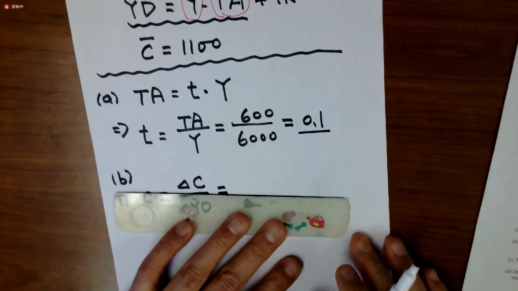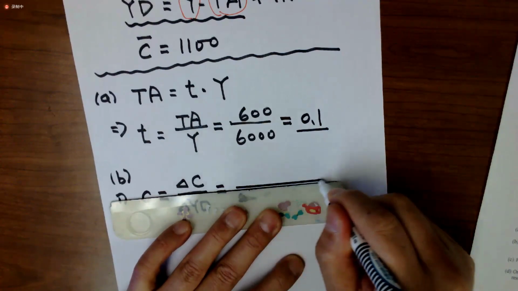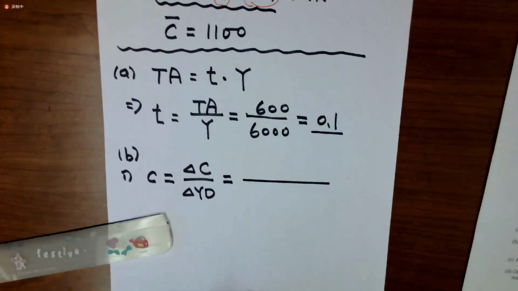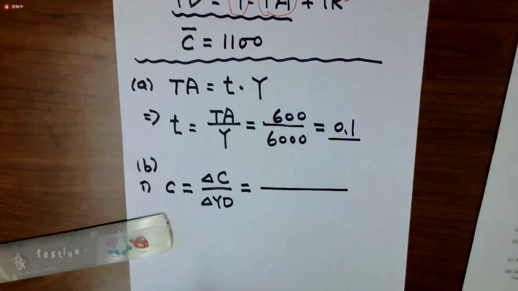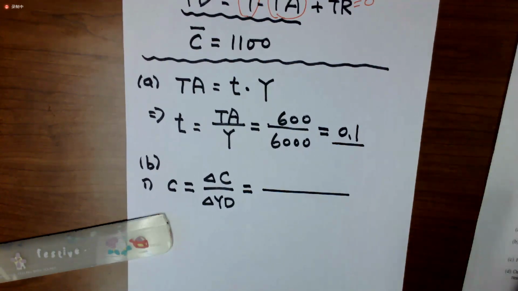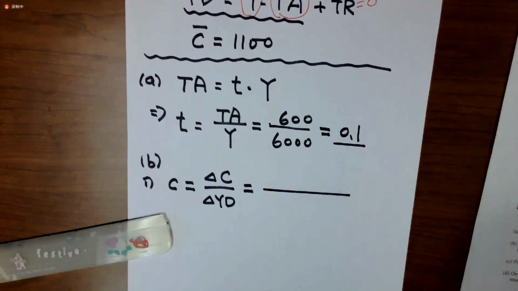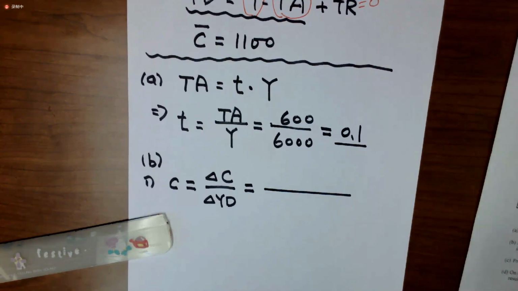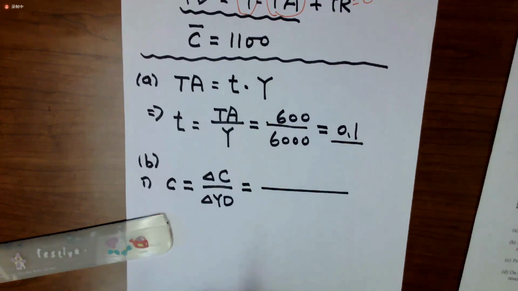In order to calculate the change, you need the information from two rows instead of one, because you're talking about change. Once again, you can take any two rows. But suppose I take the first two rows. When the income is 6,000, taxes is 600. My consumption is 4,700.